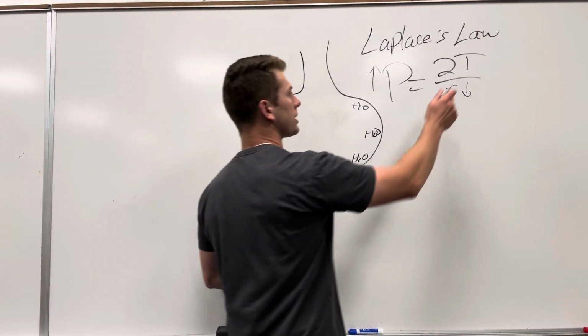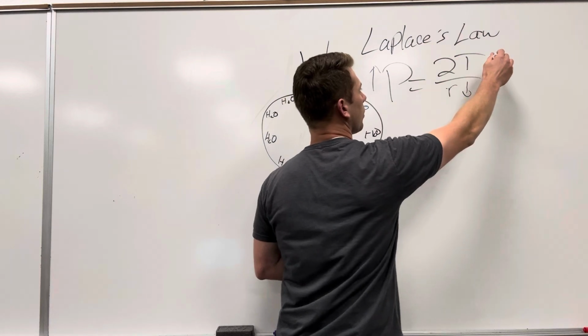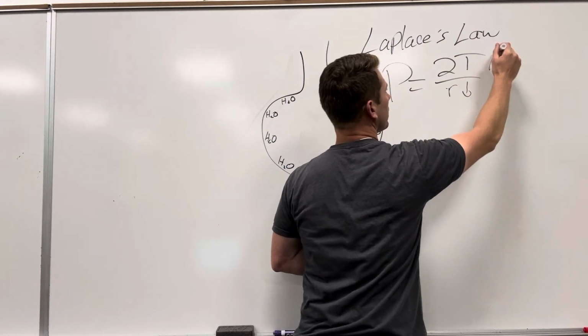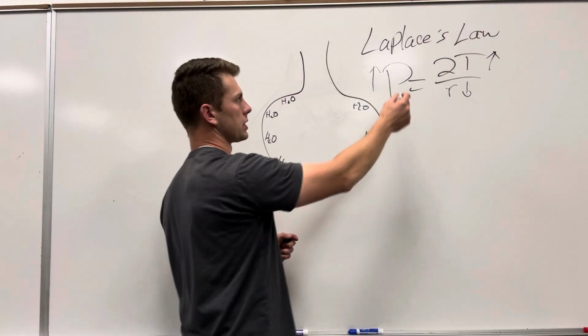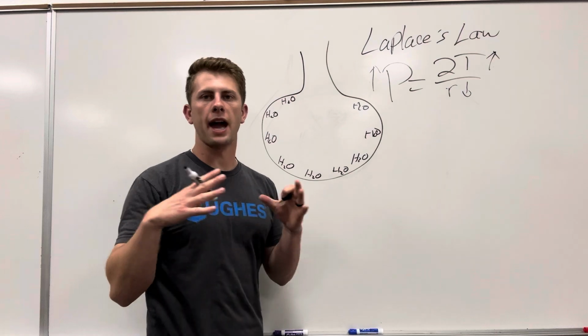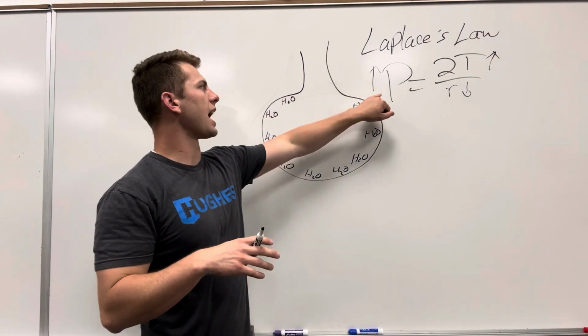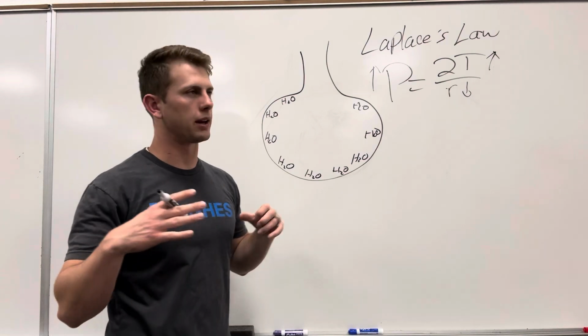We could also play with tension. If there's an increase in tension, or in this case, surface tension, because of these water molecules, there's an increase in pressure. And so you can see, if we want to expand our alveoli, this high pressure and high tension is going to keep it from expanding, or you at least have to work really hard to expand it.